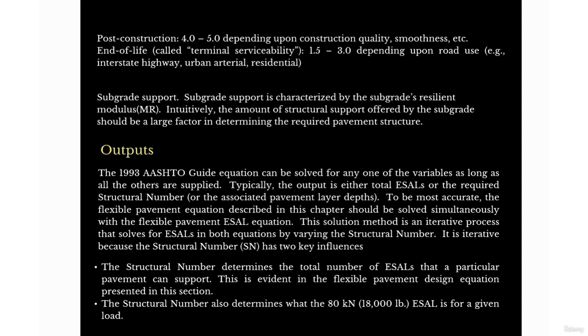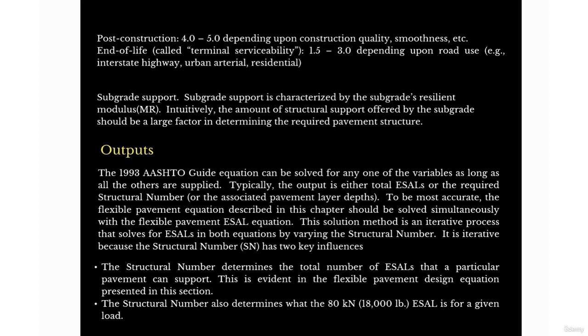Okay, so now we'll move on to the outputs. The 1993 AASHTO guide equations can be solved for any one of the variables as long as all the other variables are supplied. You can just make whatever variable you're looking for the subject of the formula. Typically the output is either the total ESAL, the required structural number, or the associated pavement layer depth.